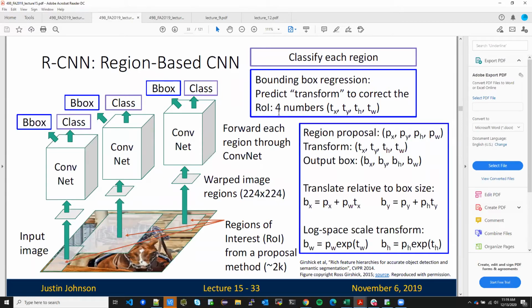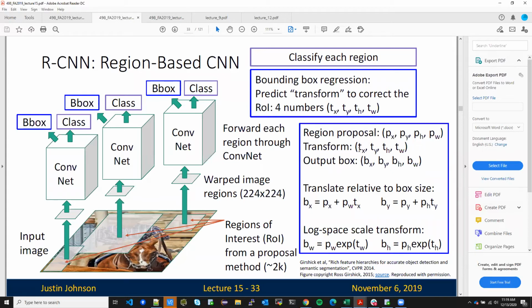For example, let's say when you had the proposal, you had px, py, ph, and pw. So it's x and y, height and width.